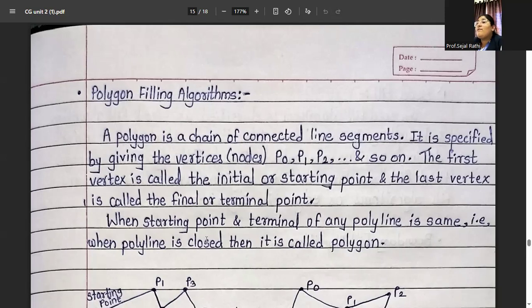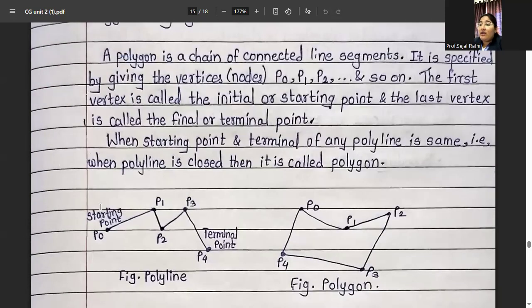The first vertex is called the initial or starting point, and the last vertex is called the final or terminal point. In this figure, P0 is the starting point and P4 is the terminal, meaning the final point.